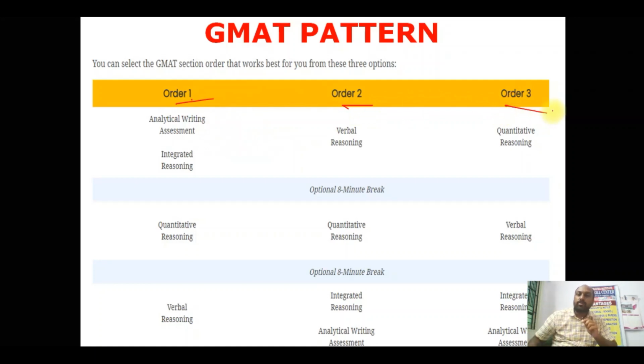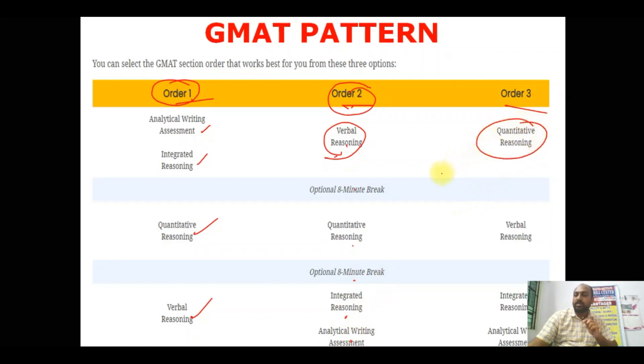You can choose yourself, that is your wish. So, sir, I want to go first for analytical writing assessment, and then integral reasoning, and then quantitative aptitude and then verbal reasoning, then you can take order 1. No sir, I will start with verbal reasoning, go to order 2, then a break and then integral reasoning and then analytical writing. No sir, I will start with quantitative reasoning because few people are good with maths, and maths is obviously a scoring subject, no doubt about it.